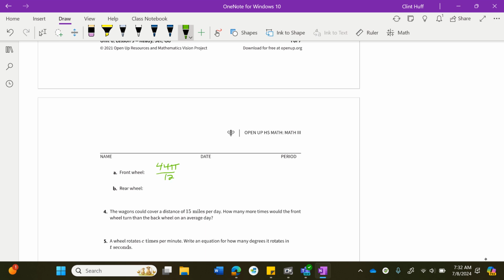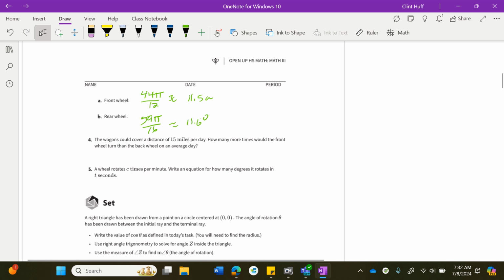There are 12 spokes, so I'll divide by 12, and we'll call that approximately 11.5 inches. Same thing on the rear wheel. We had a 59 pi circumference. We'll divide by 16, and that'll give us approximately 11.6 inches.